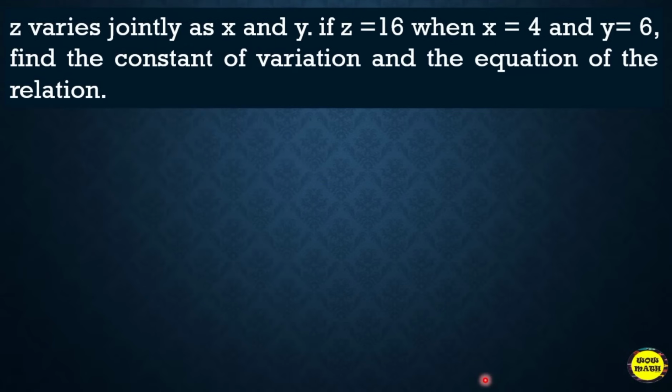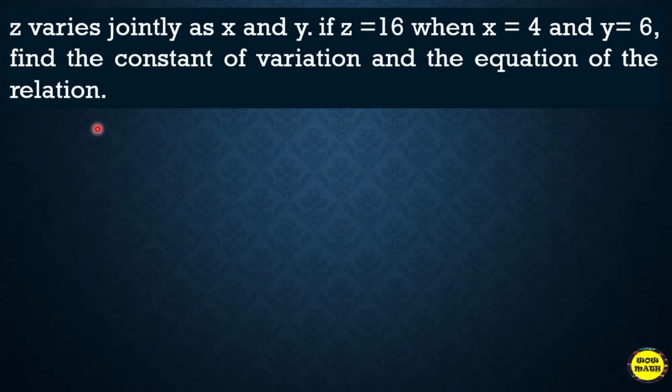Another, Z varies jointly as X and Y. If Z is equal to 16 when X equals 4 and Y equals 6, find the constant of variation and the equation of relation. So, kagaya ng naunang example, kailangan muna natin kunin yung constant of variation, saka natin makuha yung equation of variation.